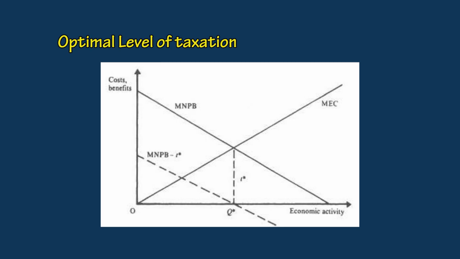Now, when the government imposes a tax on each level of economic activity, the MNPV curve, the marginal net private benefit curve which we explained in the previous section, shifts downward to MNPB minus T, the curve which is shown in dotted lines.